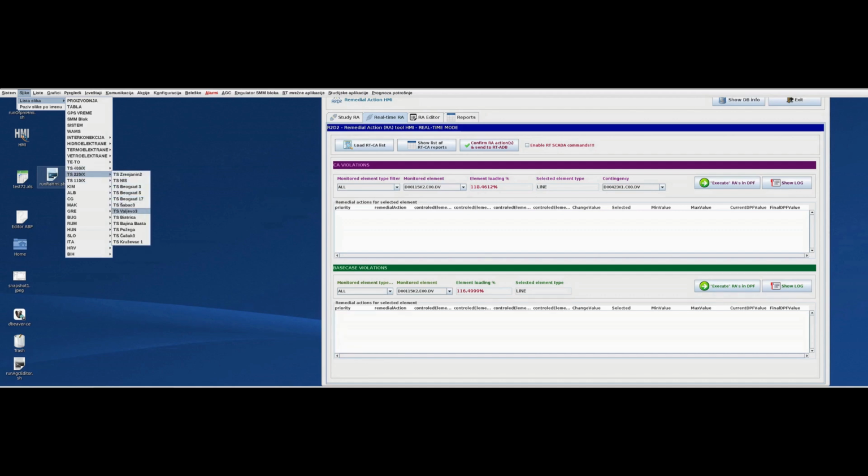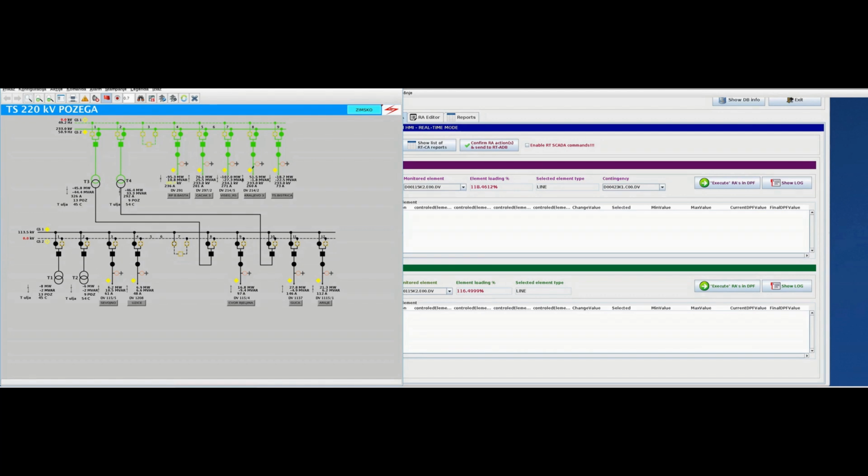So that's substation Požega, and the voltage there is around 113 kV. So they are deciding that the best remedial actions would probably be to change the tap positions on the transformers in these 2 substations.